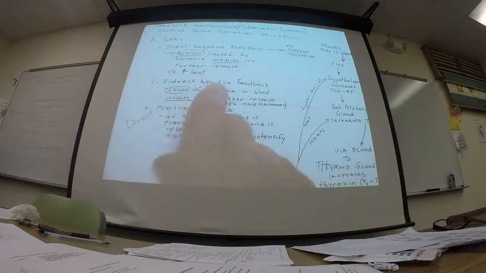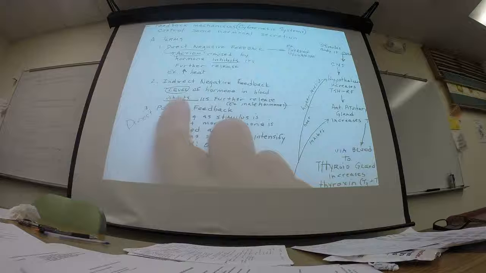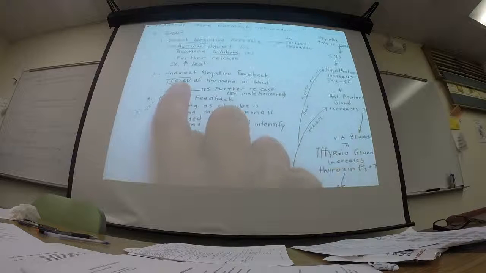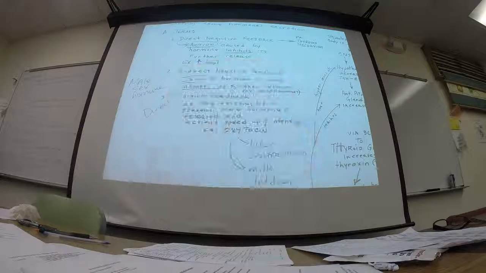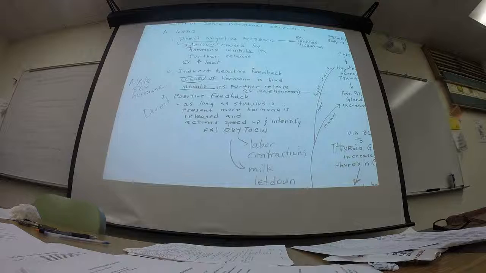And I'm going to do one of these in just a second with you. If it's indirect negative, again it's negative, it's going to stop the further production of hormone, inhibit it, but it's the amount of hormone you've already made that determines it. A very good example here is a male sex hormone. When a male hits puberty, he starts making testosterone.